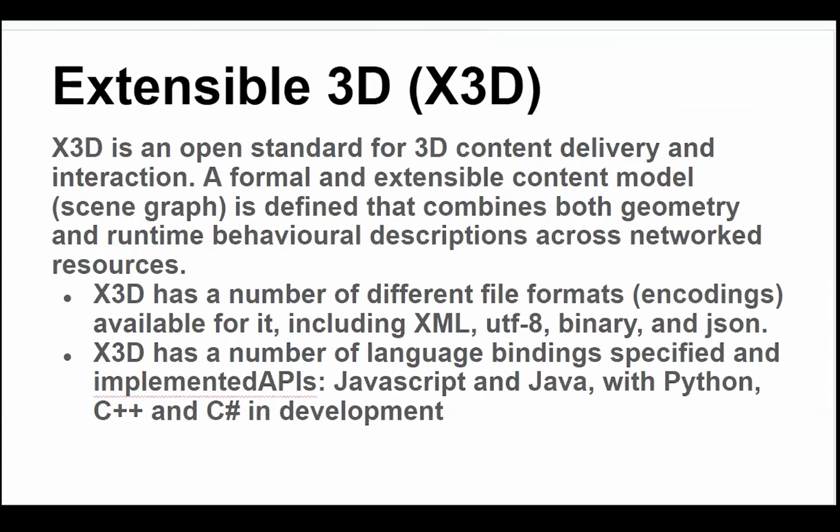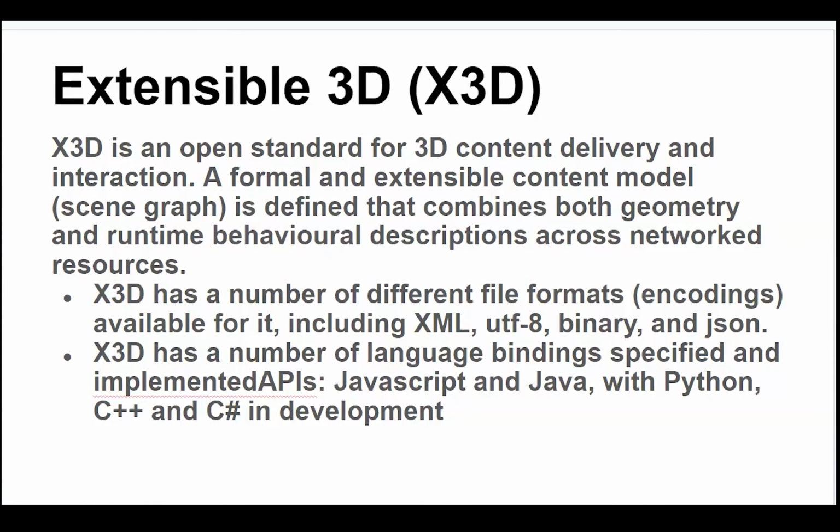The main thing to start with is the idea that it is a scene graph, right? It's a content model, kind of like GLTF, right? You have certain nodes and fields and this parent-child relationship. But what's different is X3D actually has several different encodings for that scene graph.